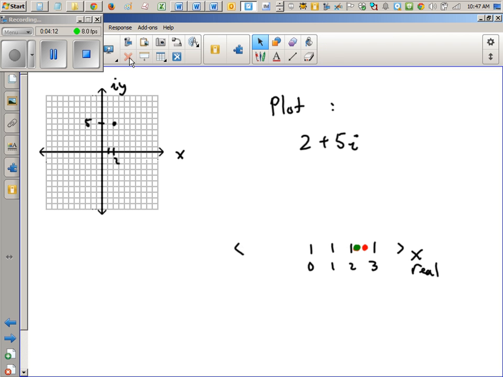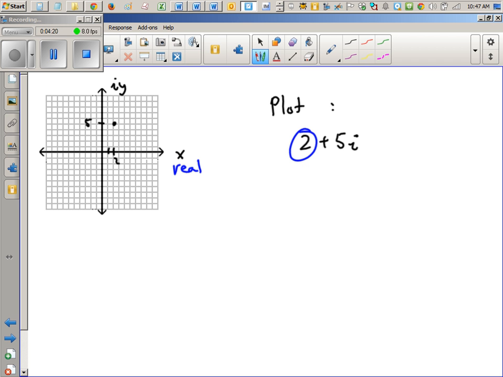They created a new type of graph paper where the x represents the real numbers in the problem, namely 2, and the y's represent the imaginary numbers in the problem, namely the 5. They said, let's just make a new graph paper where the horizontal means real and the vertical means imaginary, and we'll just plot it as 2, 5.